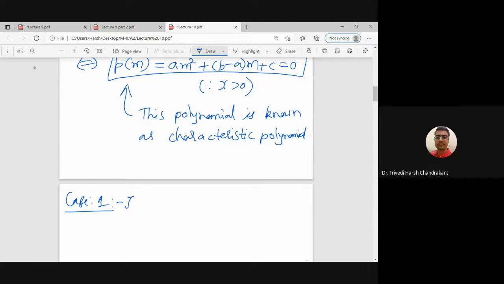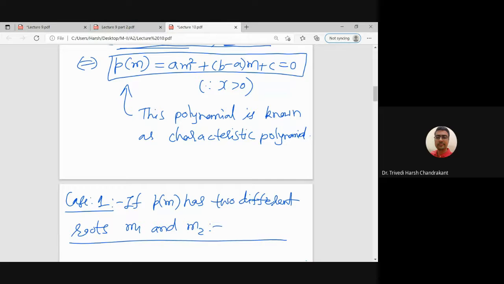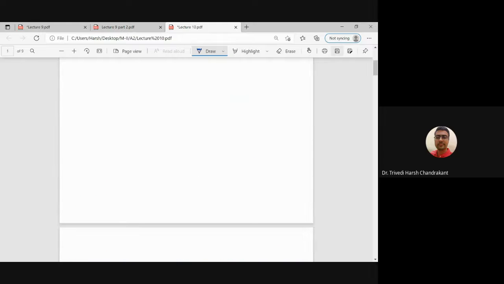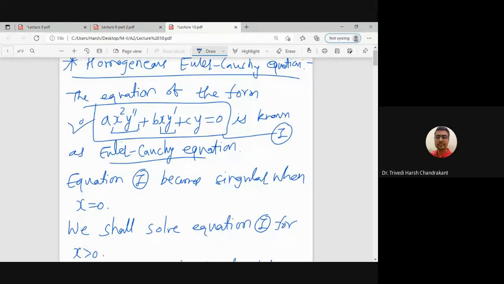If Pm has two different roots, let us call them m1 and m2. Basically, we started with this equation.